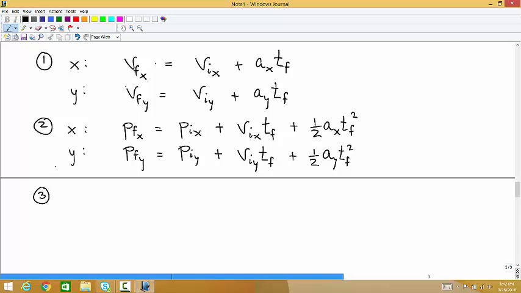And then the third equation is the 2a times the quantity PF minus PI, blah, blah, blah. So the x component equation says 2AX times the quantity PFX minus PIX is equal to VFX squared minus VIX squared.